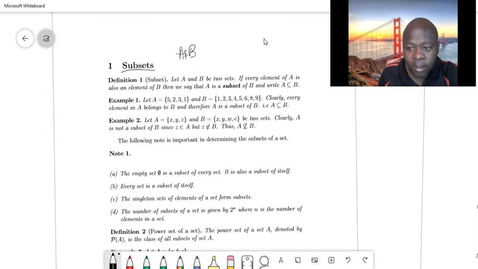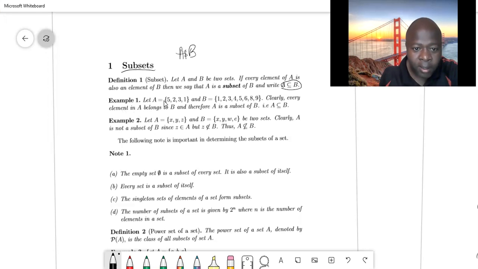We say that A is a subset of B if every element in A is in B. If every element contained in A is also in B, then we say that A is a subset of B. And that's what I've said: if A and B are two sets, then A is a subset of B if all the elements in A are in B. In that case, we write this and read this as A is a subset of B.